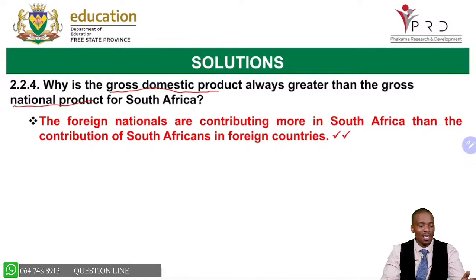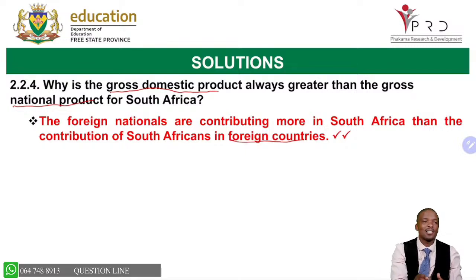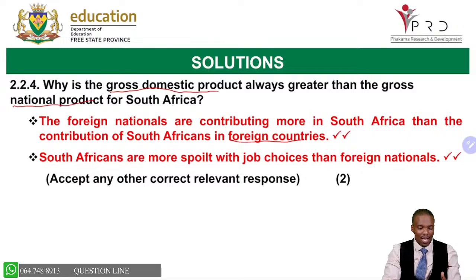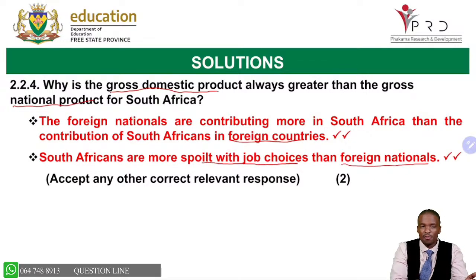And now we've got marks there. You've got foreign nationals that are contributing more in South Africa than South Africans in foreign countries. Or you could be saying that we've got more non-citizens working in South Africa than South African citizens working in other countries. That is the reason there. And South Africans are spoiled with job choices more than the foreign nationals.